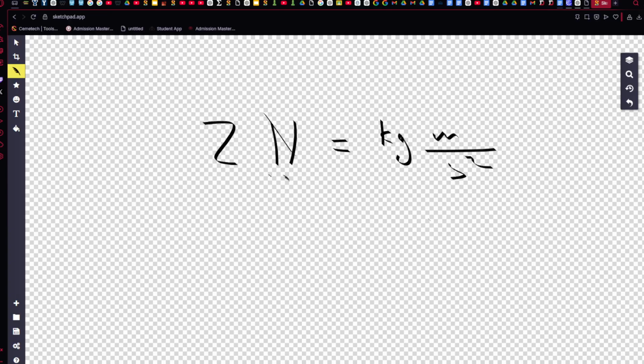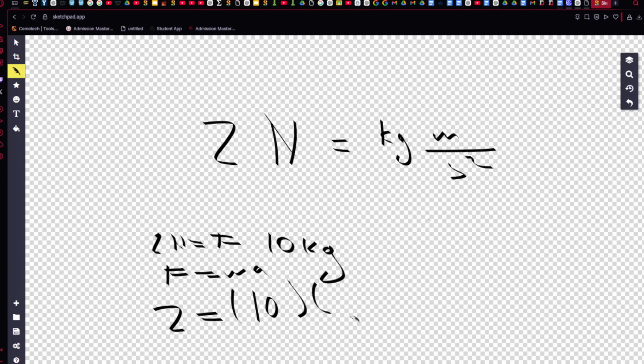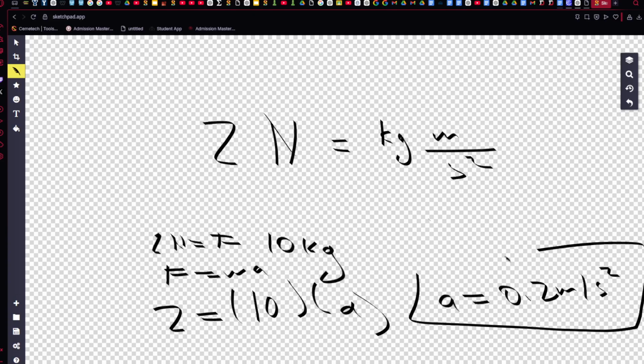So let's say you have a 2 Newton force, and something weighs 10 kg. Remember F equals ma, and kg is the SI unit. That means you're applying a 0.2 meters per second squared acceleration. So every second that you're applying the force, the velocity changes by 0.2 meters per second.